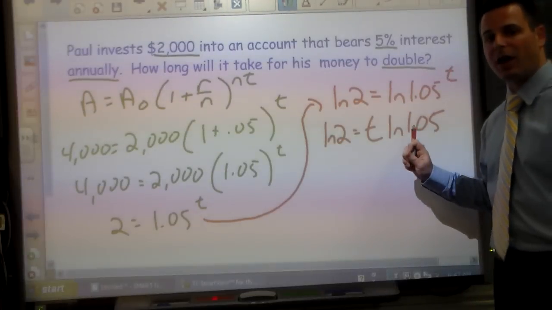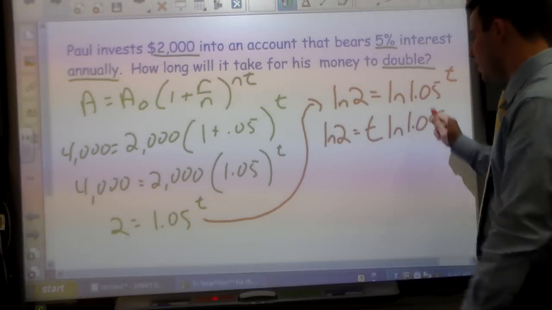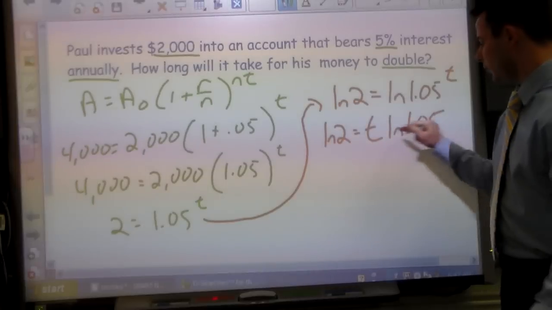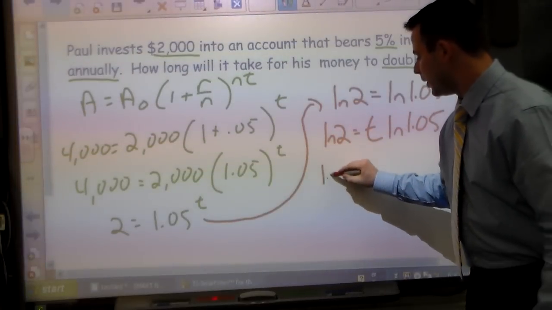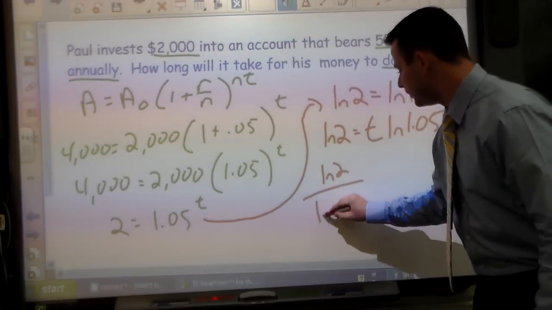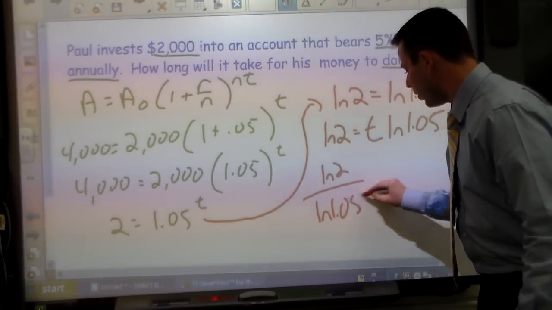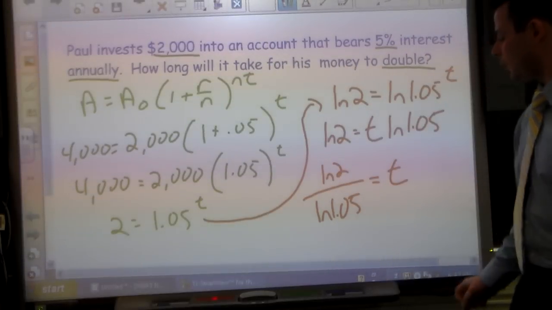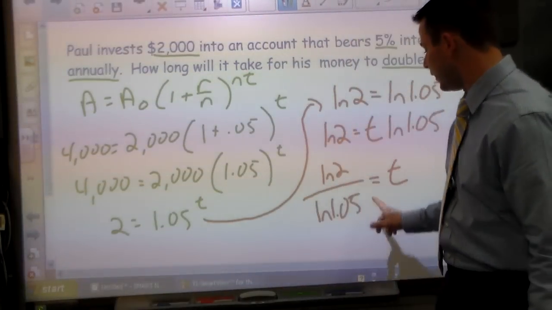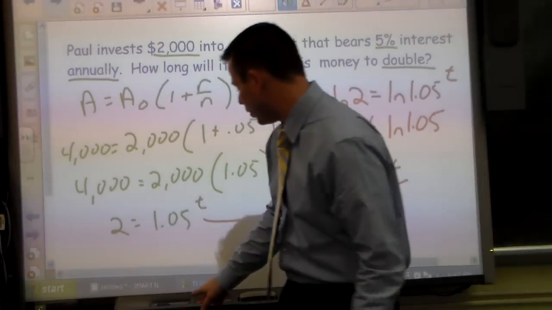So now the natural log of 1.05 is a number. So this is a number times t equals a number. So let's divide by that number. ln 2 over ln 1.05 equals t. So let's figure out what that is in our calculator.